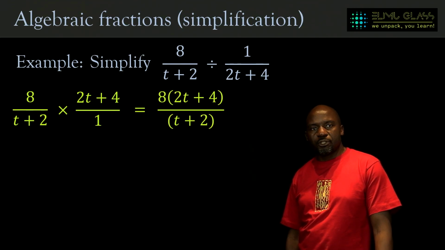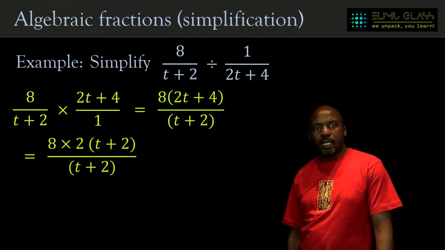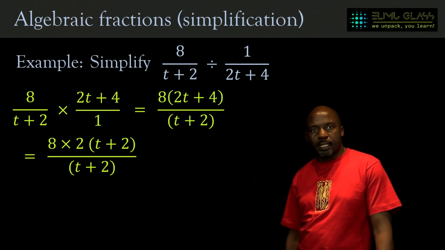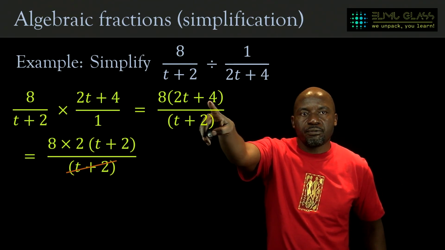So we have 8 into 2t plus 4, everything over 1 into t plus 2, which is just t plus 2. And you can simplify that if you want. We end up with 16 into t plus 2, so you can say I've moved the 2 out from here.